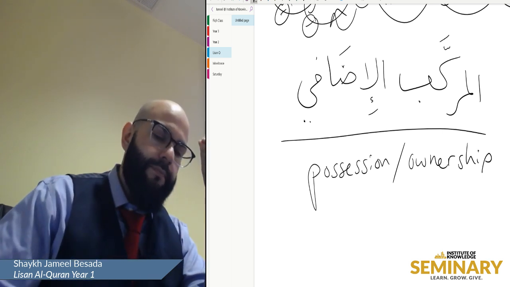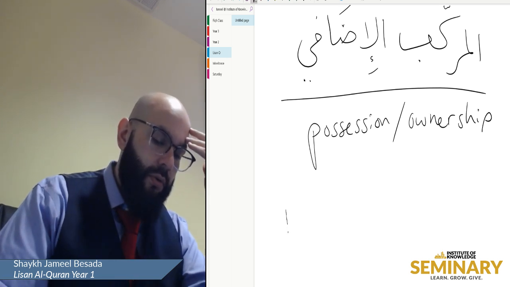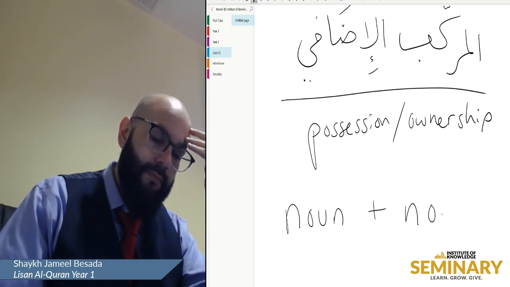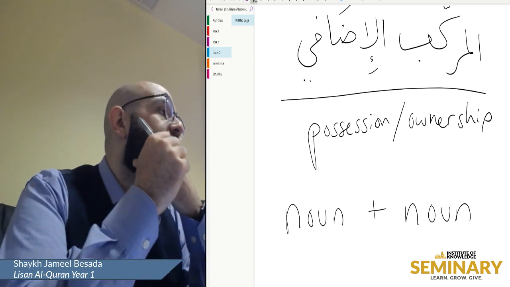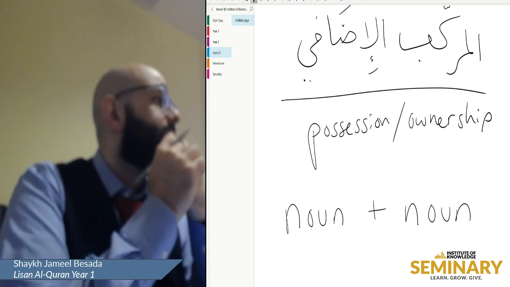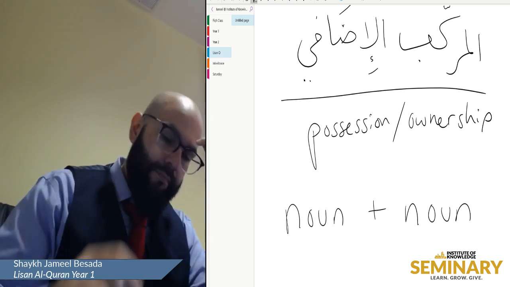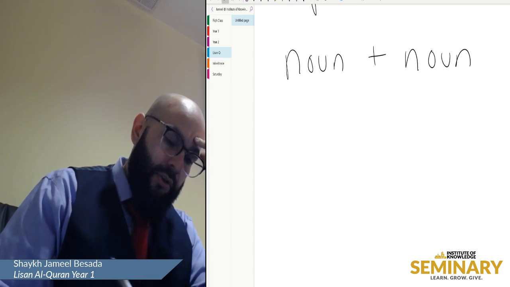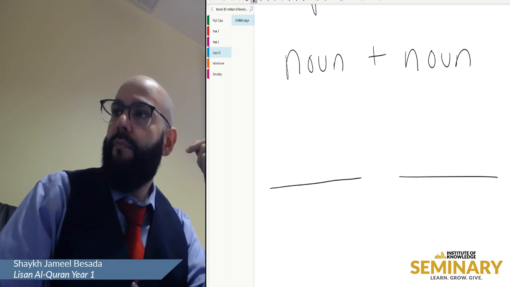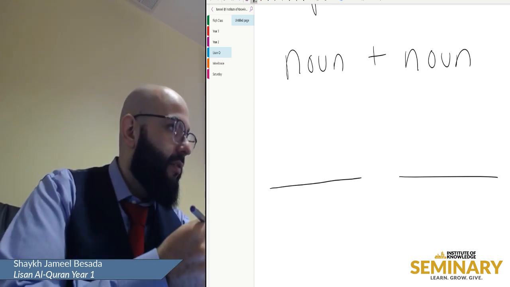Okay? Now, what do we need? We are going to do two nouns. Noun plus noun. You don't have ownership with verbs, right? So it has to be noun and noun. Okay. So the construct will look like this. The first, remember Arabic is right to left, right?